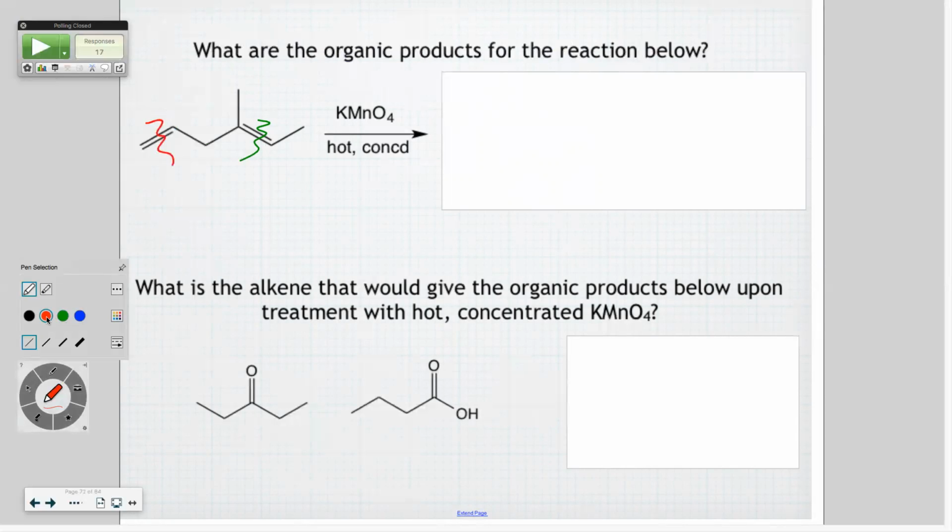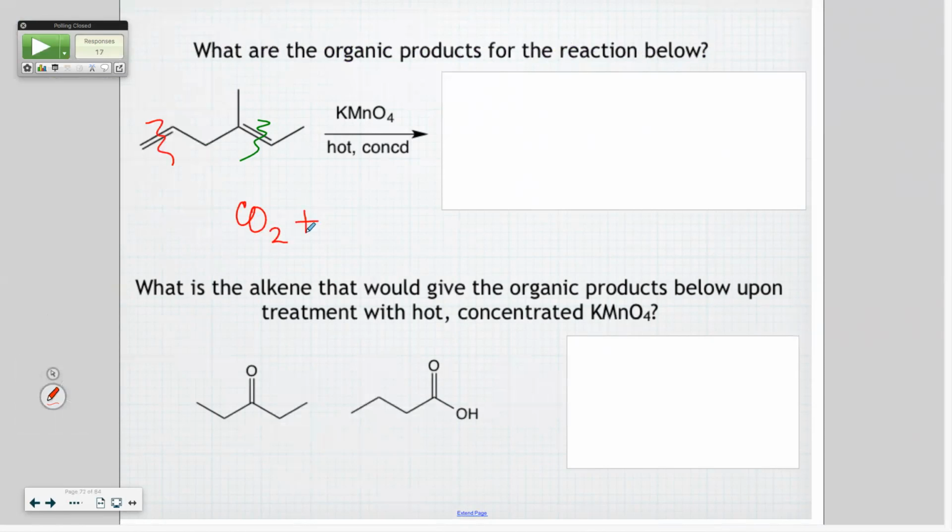So the first carbon over here on the left, that piece of the double bond is going to give you what? CO2. Okay, then what is this carbon here going to give me? A carboxylic acid. Okay, that's this carbon here.